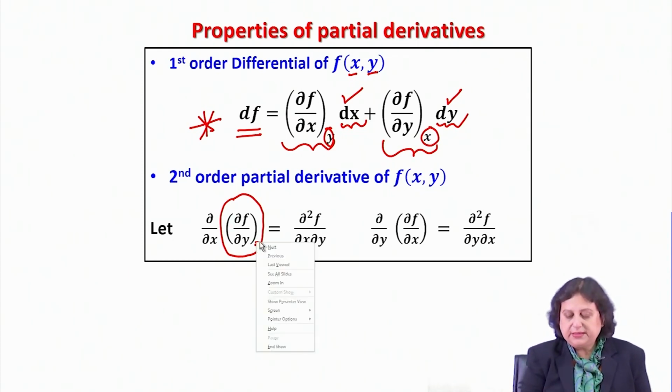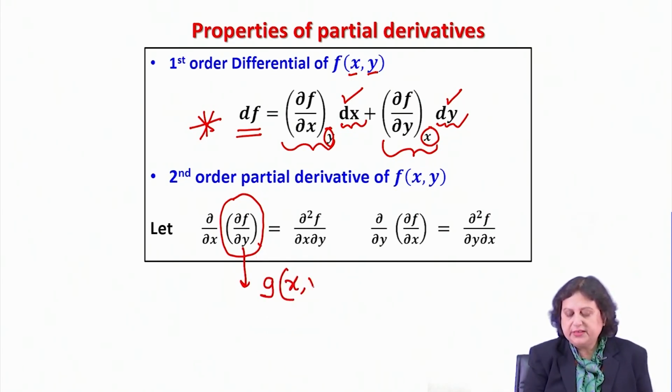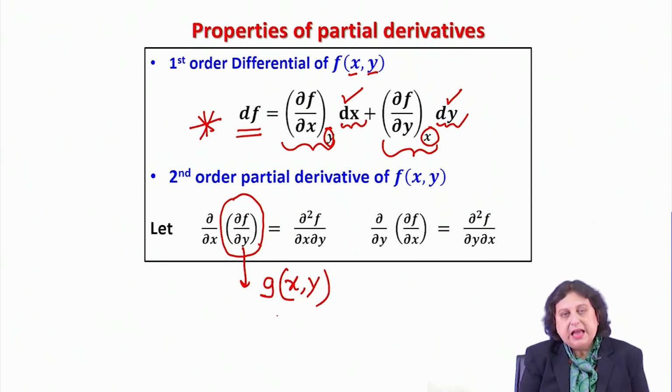Now when you keep x constant, then you get some function, another function g of xy, and I am asking you to take another derivative of g of xy with respect to x now, keeping y constant.